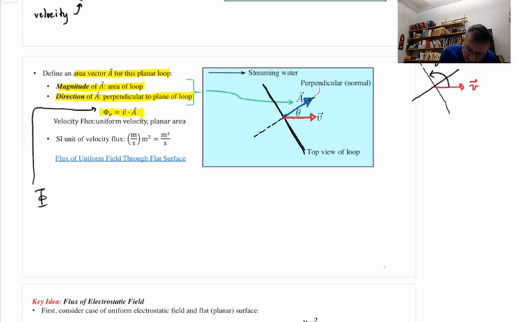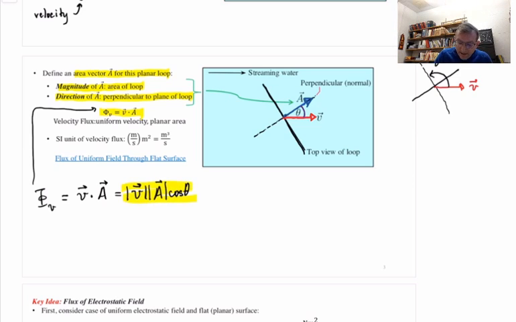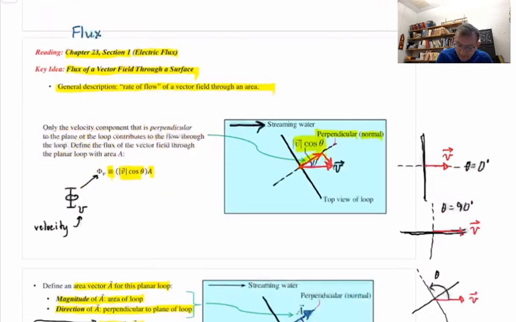I can think of the velocity flux for a uniform velocity field in a planar, flat area as that dot product, V dot A, because you would calculate that by taking the magnitude of V times the magnitude of A times the cosine of the angle between V and A when they're drawn with a common tail, which is exactly that theta that we've been using. And this expression is exactly the same as the one up here.